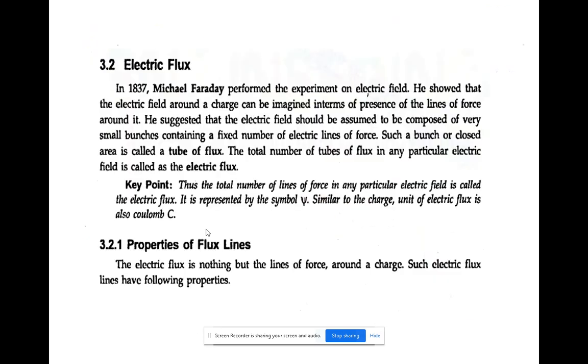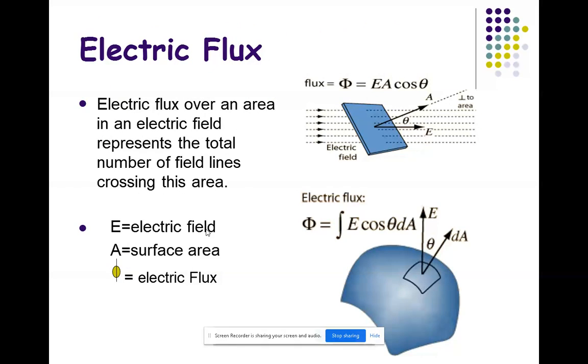Next, we are going to see electric flux. Electric flux over an area in an electric field represents the total number of field lines crossing this area. It is represented by the symbol phi. Phi equals the integral of E cos theta dA.